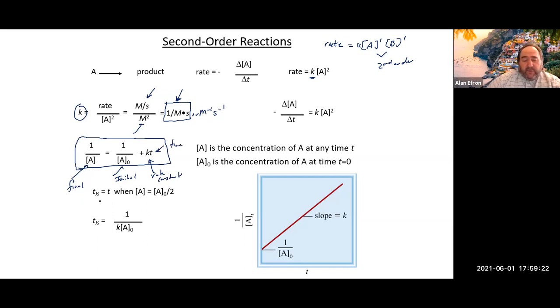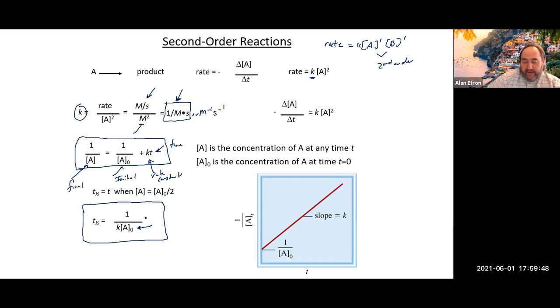In addition, you also see second order having its own half-life equation, different than first order. And this is 1 over k times the initial concentration. So unlike first order, the half-life of a second order reaction is dependent on the initial concentration that you start with.